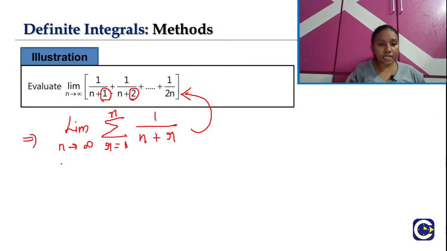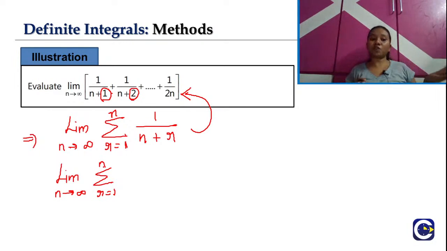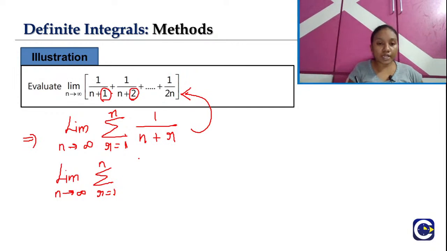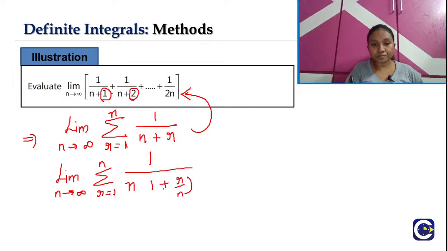Now what I'll do is simplify it further. Limit n tends to infinity, sigma will vary from r equal to 1 to n. In our previous format, what we have seen, it should be in the format of r by n. So now I'll take n common from here. If I take n common, it will be 1 here and r by n here.